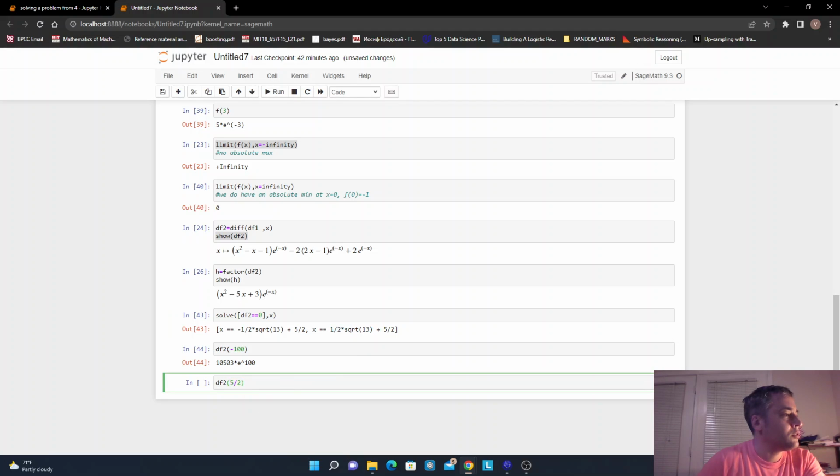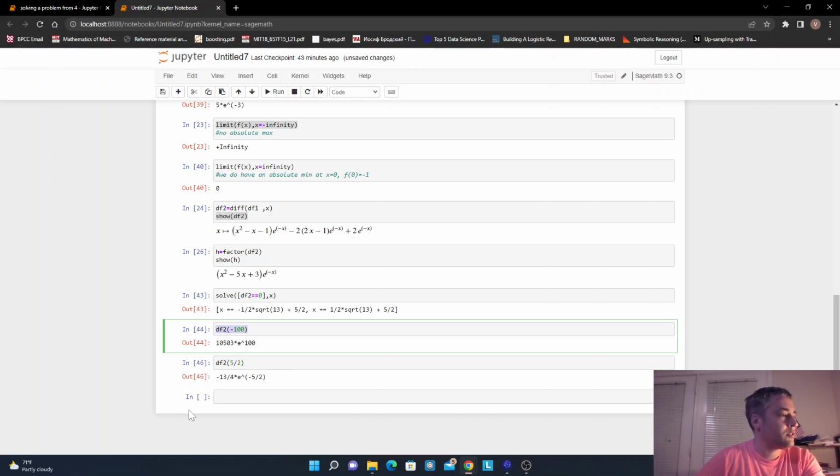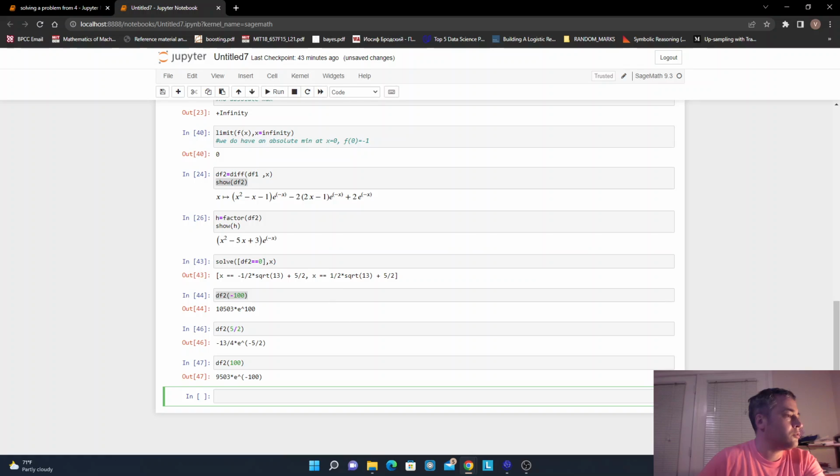So 5 over 2 is certainly in between. We can compute the second derivative, negative. And very similarly, on the last interval, which is going to plus infinity, let's just plug in 100, get a huge positive value. And here we go.